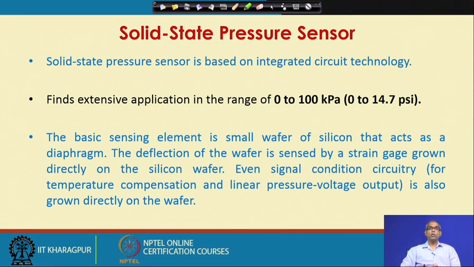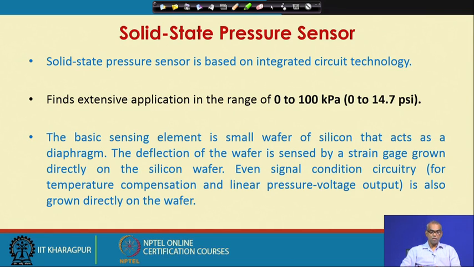So, the solid state pressure sensor is based on integrated circuit technology. It is a new generation pressure sensor. So, the basic sensing element is nothing but a thin wafer of silicon that acts as a diaphragm.